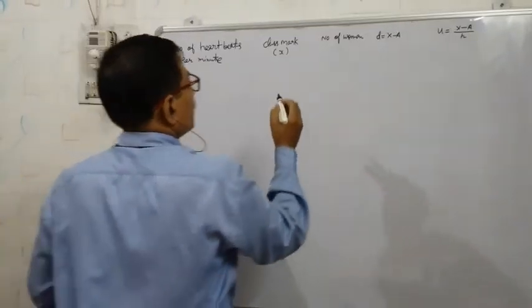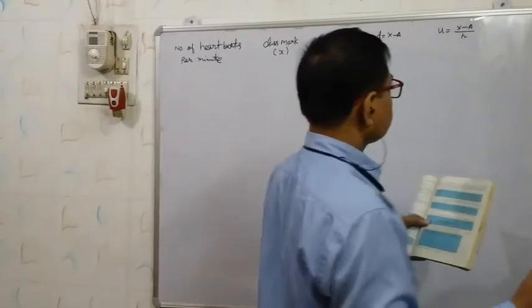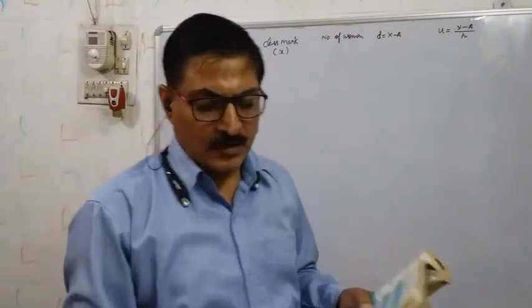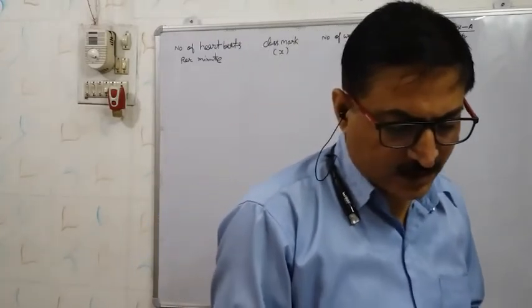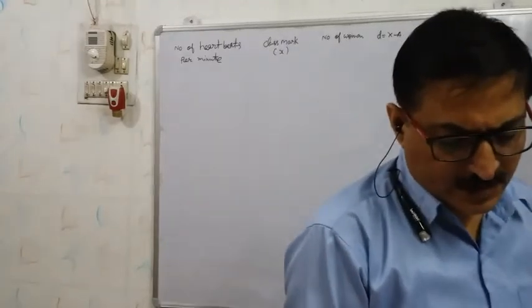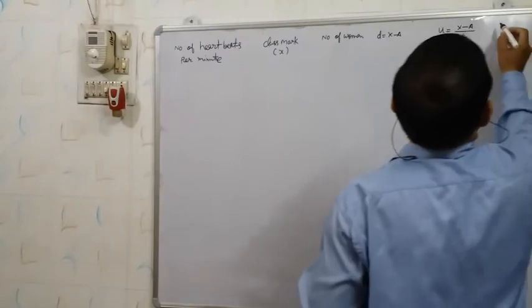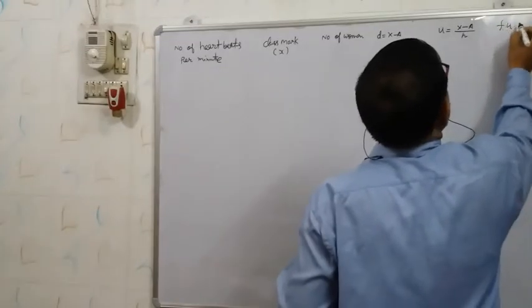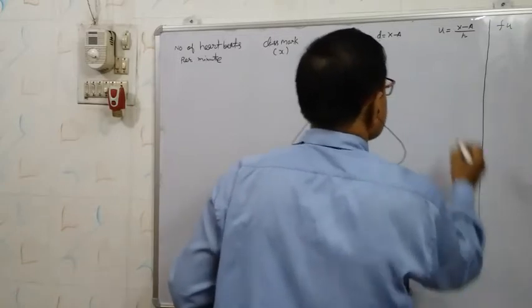Okay, and then sigma fu. In the last column we take f and u, that is fu. Now make this column.